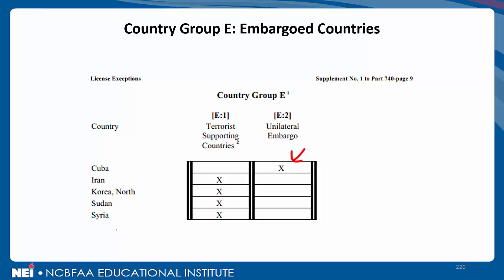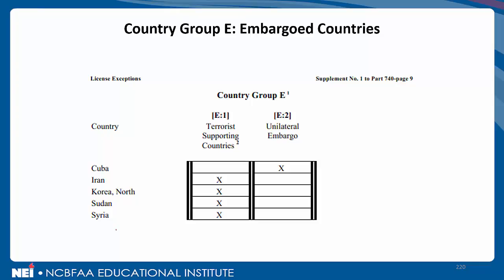We've been going it alone on the Cuba embargo since the early 1960s. On the other hand, for reasons of terrorist supporting countries, the U.S. is part of embargoes. Iran, North Korea, Sudan, Syria. So country group E, you can tell by reading, we're not here to disparage any country, but not favorable in terms of doing business with the United States.